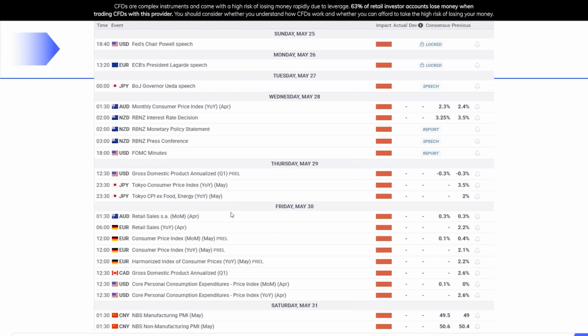Friday, retail sales Australia, retail sales from Germany, together with CPI numbers from Germany, GDP numbers from Canada, and here core personal consumption expenditure number, and that's the numbers that the Feds are looking at very closely.